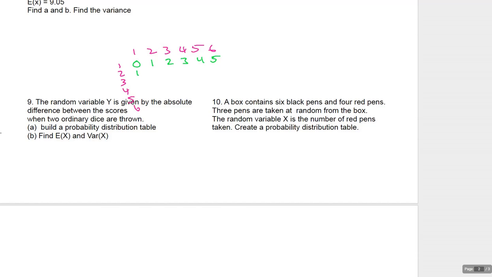What's 2 minus 2? 0. What's 3 minus 2? 1. What's 4 minus 2? 2. What's 1 minus 3? -2, but we're going to write 2. And then 2 minus 3 is -1, but it's going to be 1. Do you notice how this pattern is going to exist? It's going to go 1, 2, 3, and then 4. Whoops, I lost one, didn't I? Hang on, I screwed up.